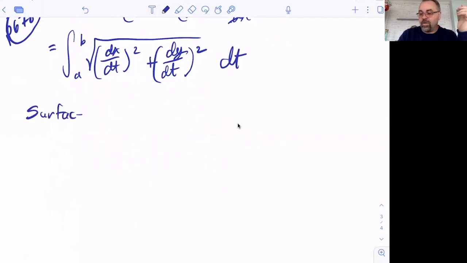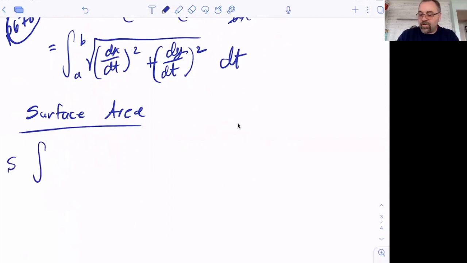I won't go through a huge bunch of questions on it because it's the same surface area stuff that we did before. You take your integral from a to b and you make it round, right? So we have a circumference, so we integrate 2 pi times a radius.